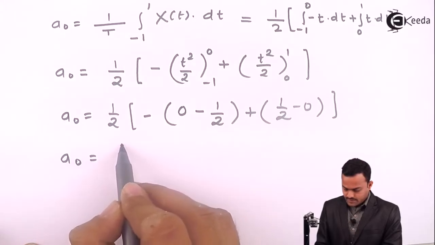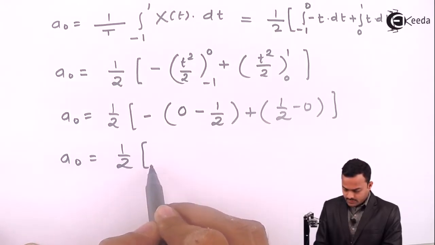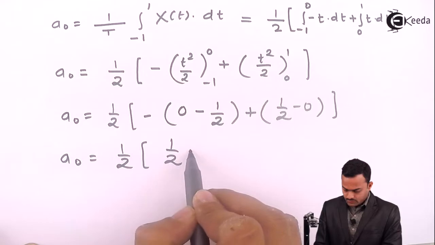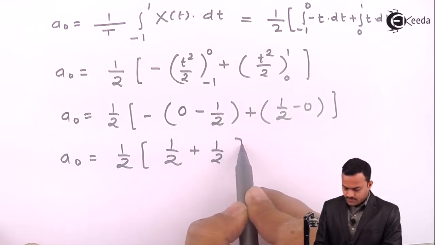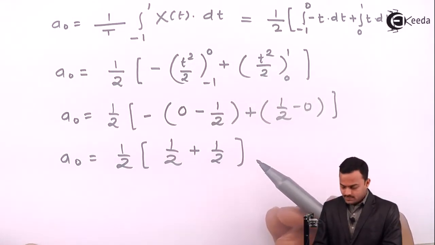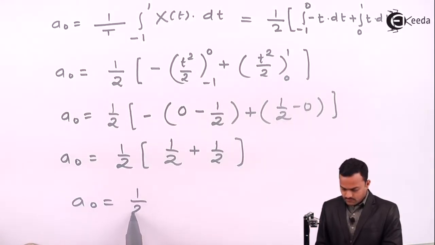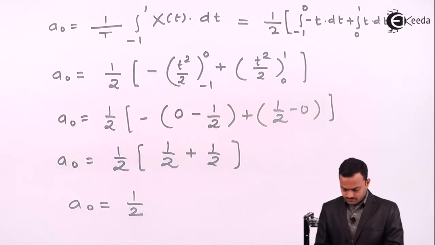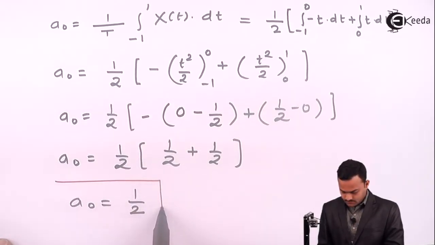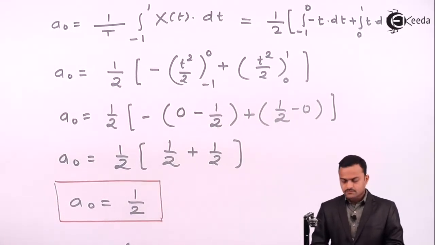So after simplifying, I will get 1 by 2 in bracket 1 by 2 plus 1 by 2, which is 1. So in the end, a0 we obtain as 1 by 2. So this is a DC or a constant term in the Fourier series of x of t.